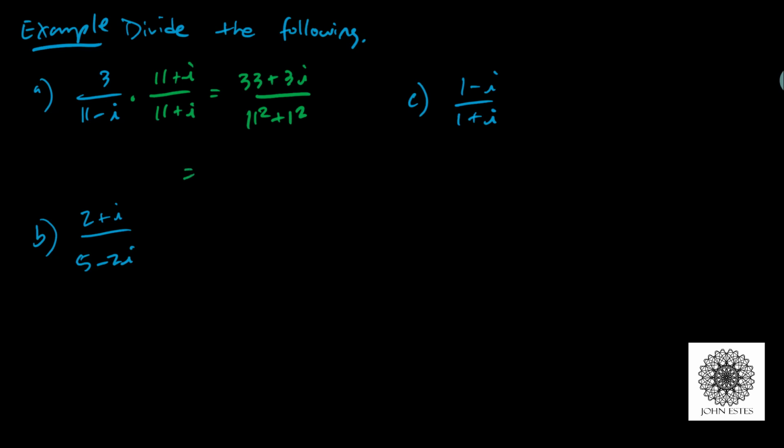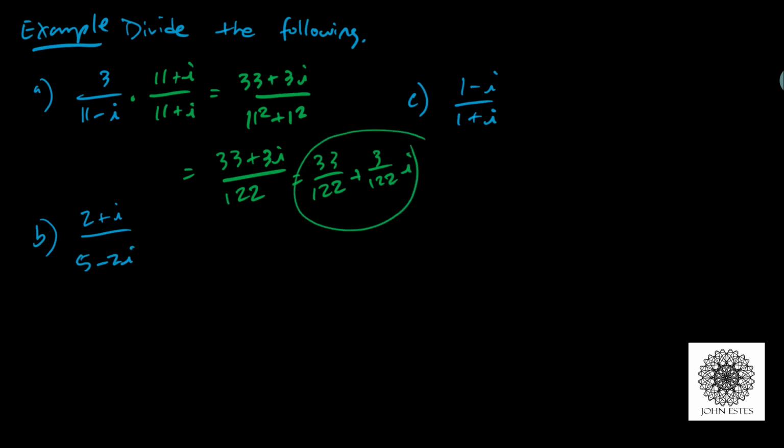So that's 33 plus 3i over 121 plus 1, 122. So that's going to be 33 over 122 plus 3 over 122 i. And there's my answer. Do you have to write it that way? Some textbooks will accept this as a correct answer. But technically the definition of complex numbers says a plus bi. So I like to do that.